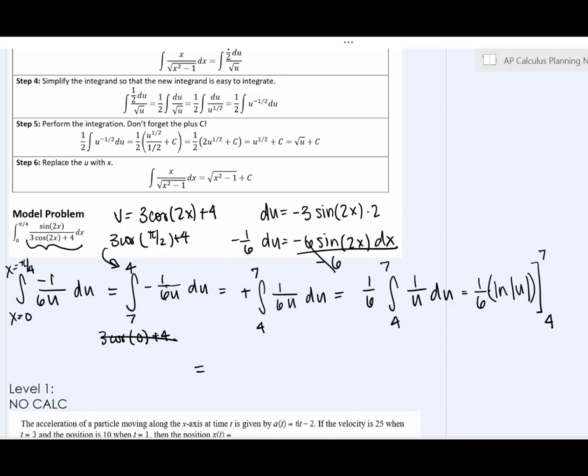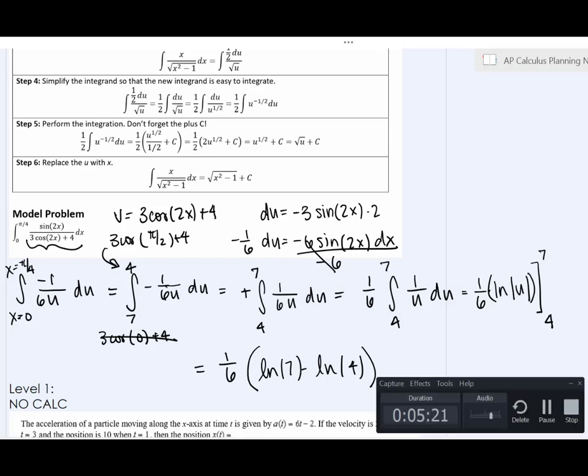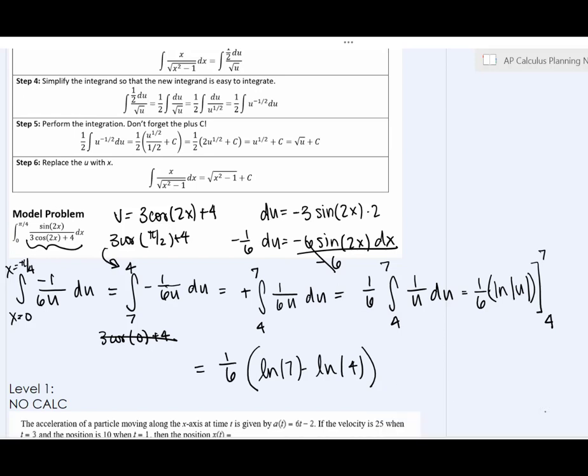Remember, since we put the boundaries in terms of u, we don't have to go back and plug in this whole 3 cosine of 2x plus 4, so it's a lot easier to work with. So I have 1/6 times the natural log of 7 minus the natural log of 4. And a friendly reminder that we can use those log rules to make this 1/6 times the natural log of 7/4. And there is our answer.